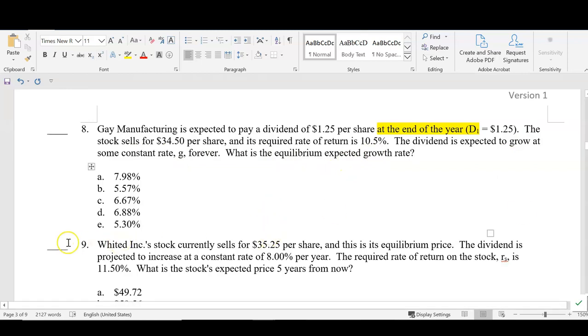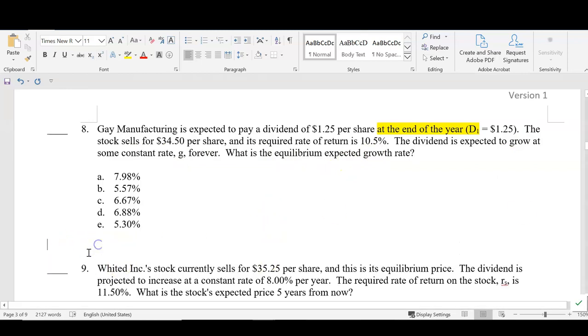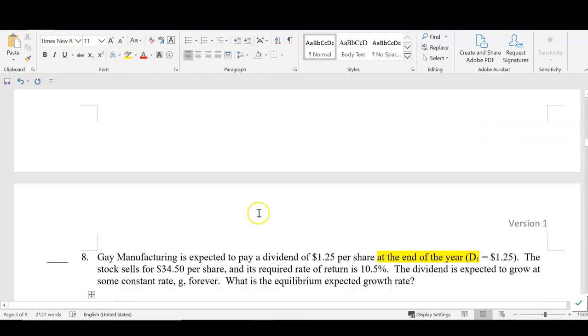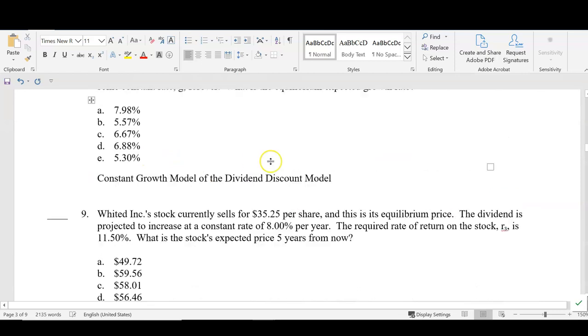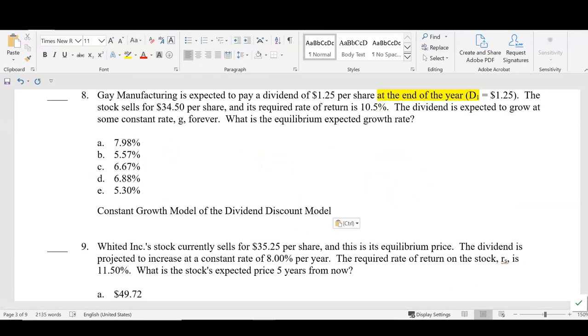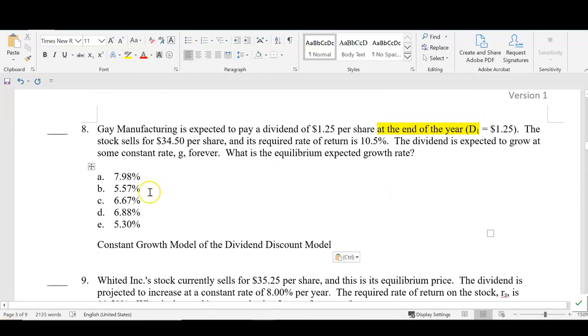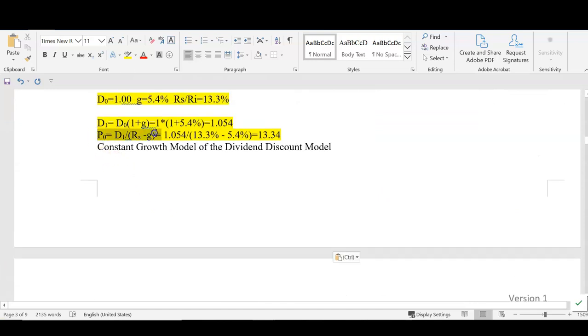So we are looking for G here in this question. We want to know what is G, and we know here we're again using the constant growth model of the dividend discount model. The original model tells us that, I can just copy and paste this model here.